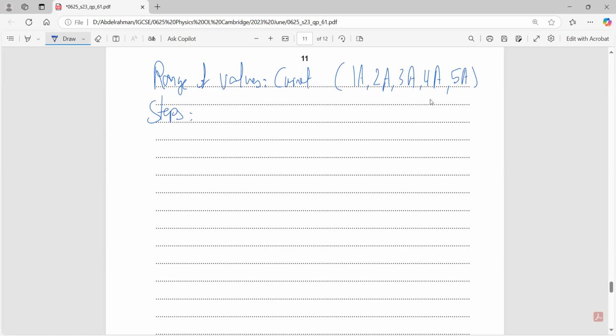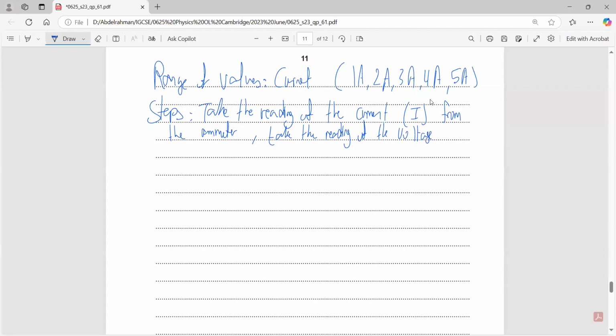Take the reading of the current I from the ammeter, and take the reading of the potential difference V from the voltmeter.